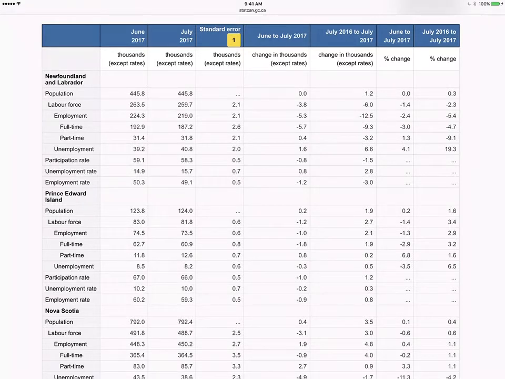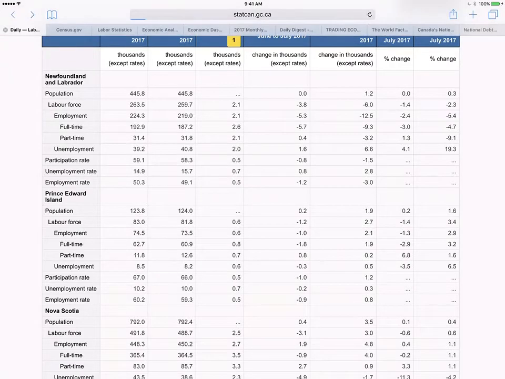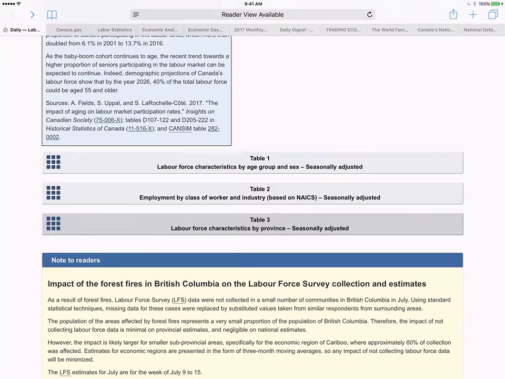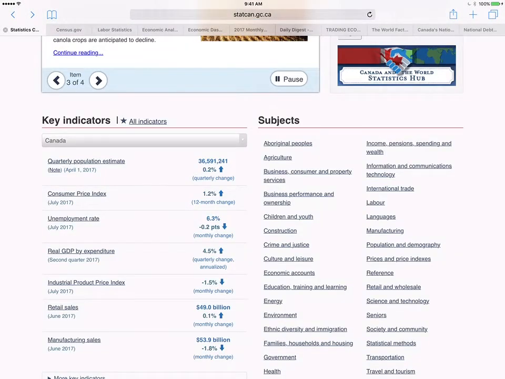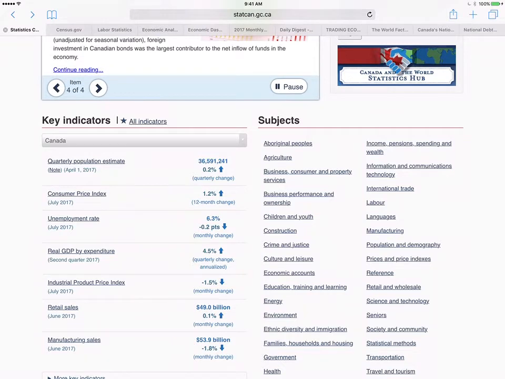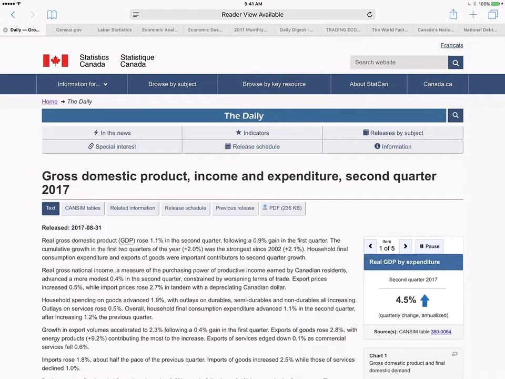All right, what else can we find on the StatsCan website? So we'll just go back to that main page. So unemployment, labor force, information about the labor in each province, that was all under the unemployment rate. To find out information about GDP, we can click here where it says real GDP by expenditure.